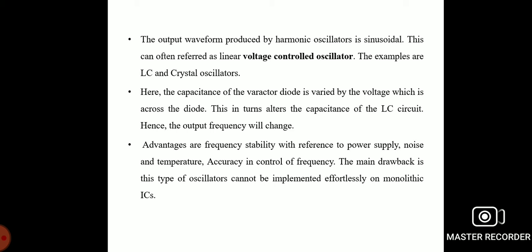This in turn alters the capacitance of the LC circuit, hence the output frequency will be changed. So what are the main advantages? Frequency stability with reference to power supply, noise and temperature, and accuracy of control of frequency. And the main drawback is that this oscillator cannot be implemented effortlessly on monolithic ICs.